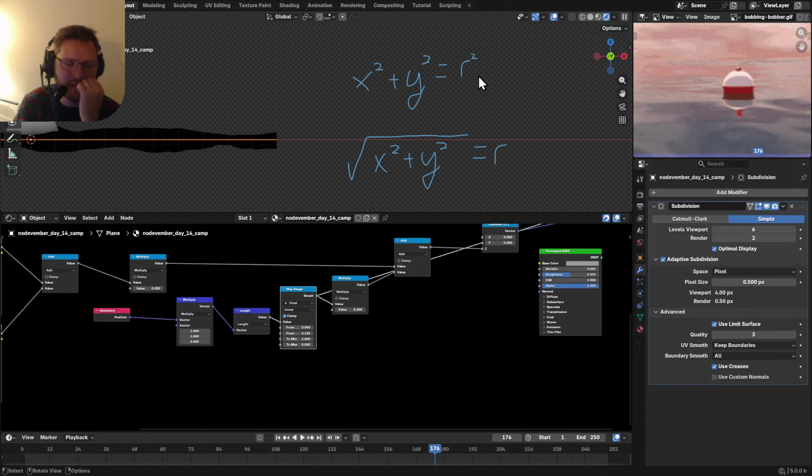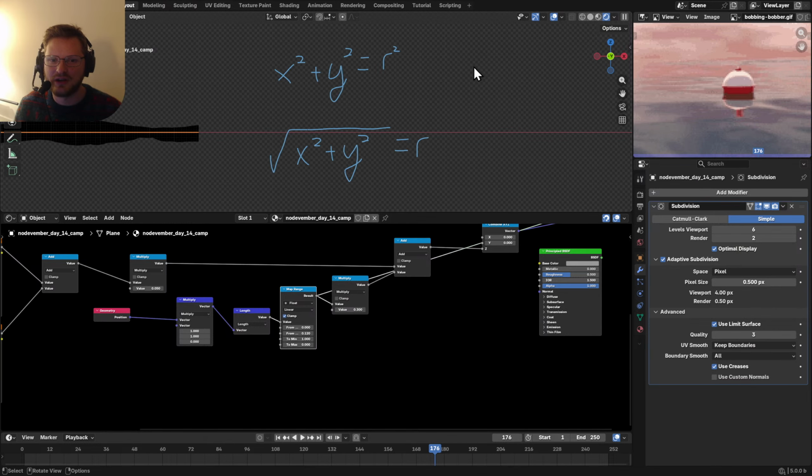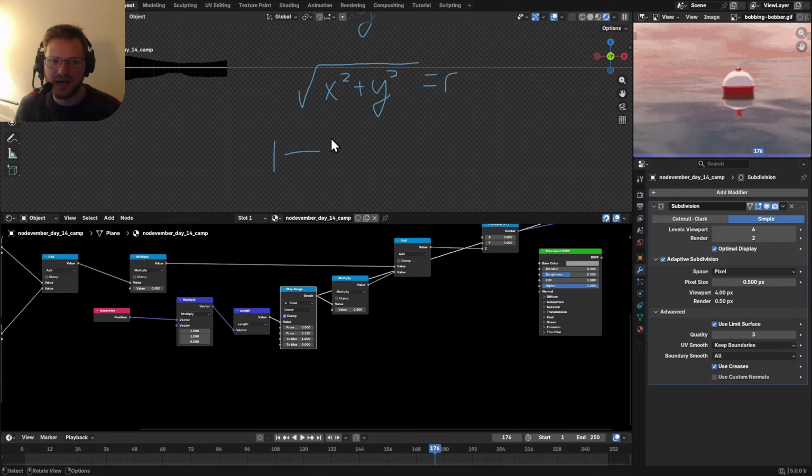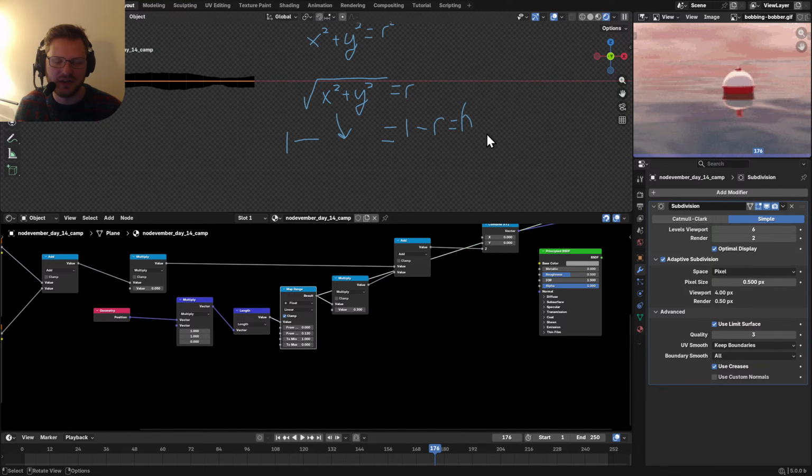But the only difference is I want it inverted, so it's highest at the middle. So maybe I start at 1, and then I subtract a radius. So 1 minus the radius should be our height. In other words, we got to do something.